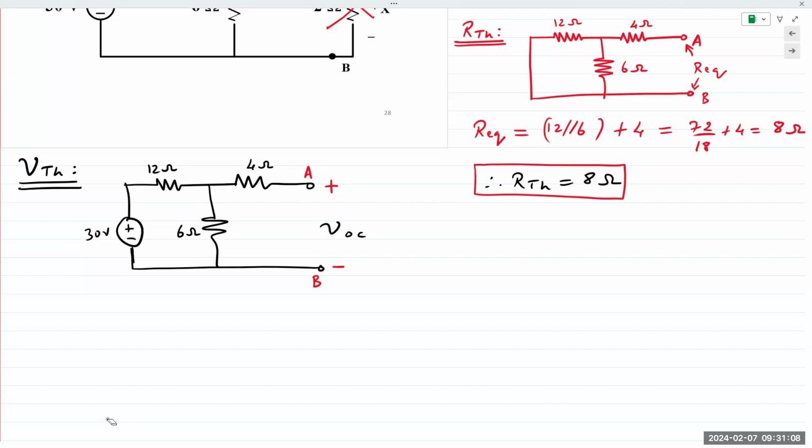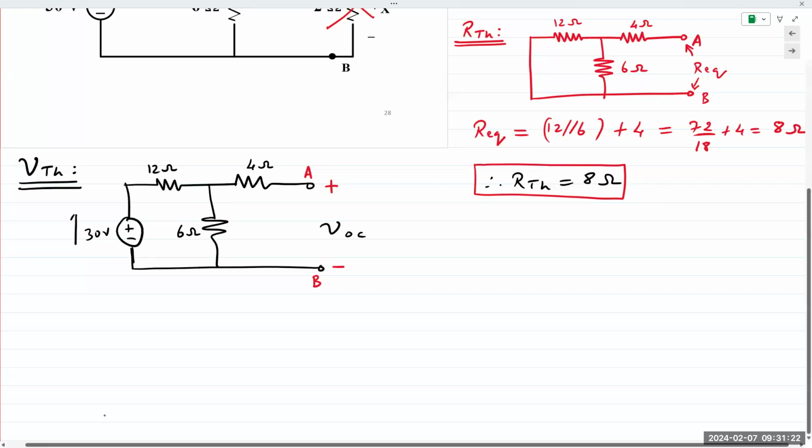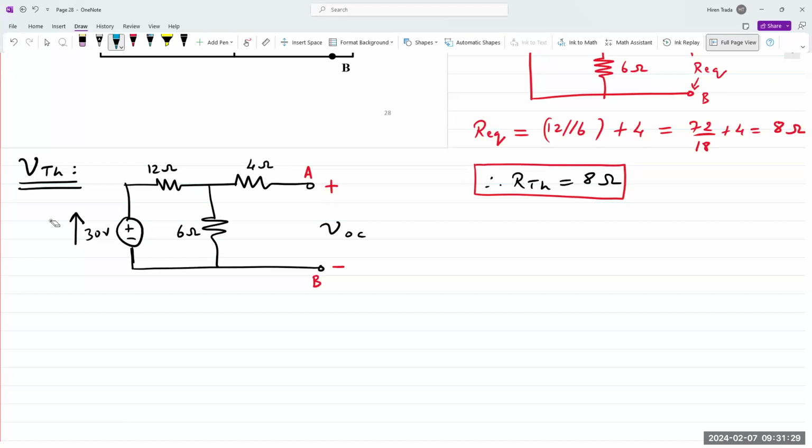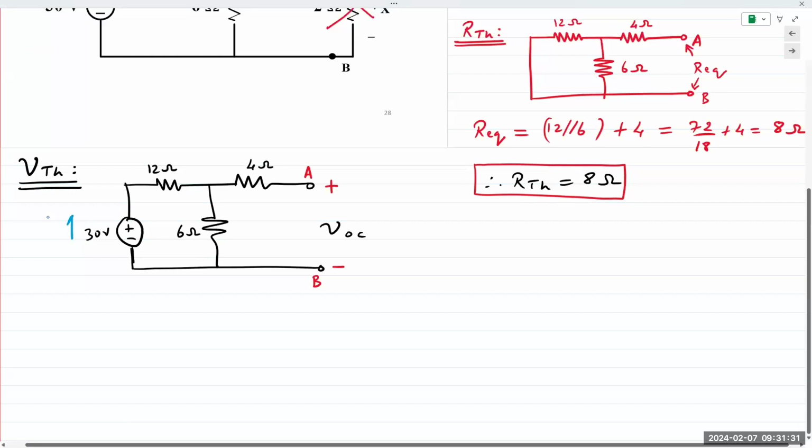And the reason is, if you take a look at the circuit, we are simply measuring the voltage at A and B. But let's say the 30-volt source is connected with plus up top, so the current is going in this direction, right? When it reaches the top, it's going to flow in this direction.